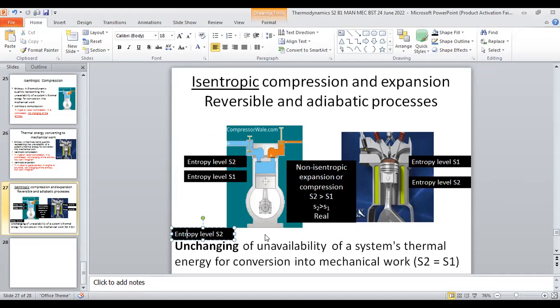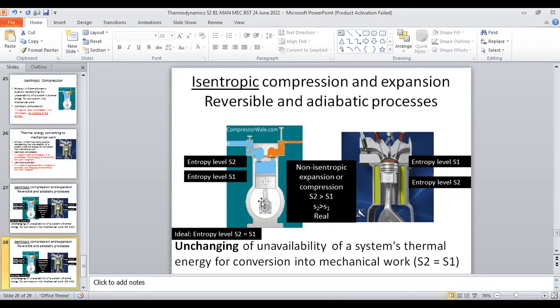Ideal means this is not real. If we can have it, it is good, so we can try at least to make it closer to ideal. S2 equals S1, ideal case.